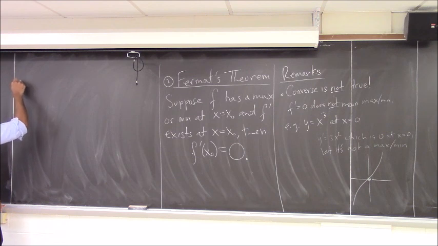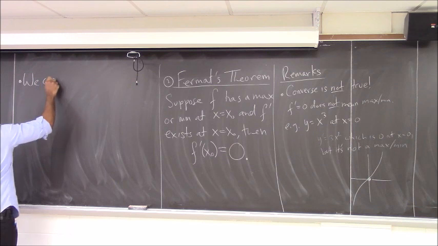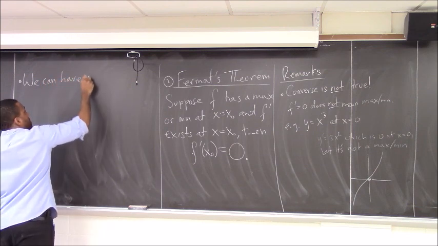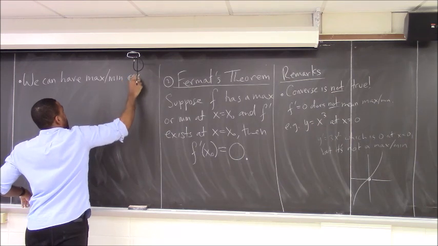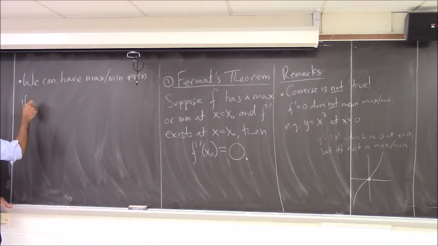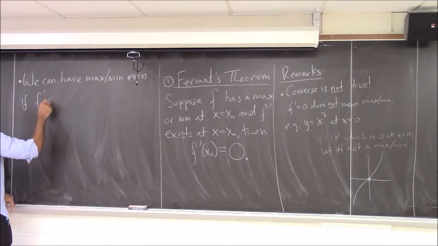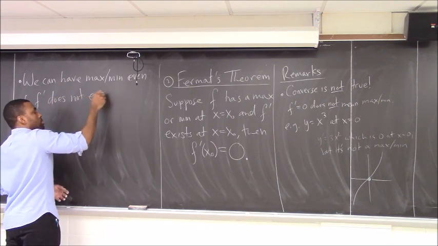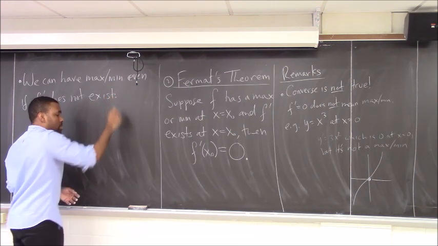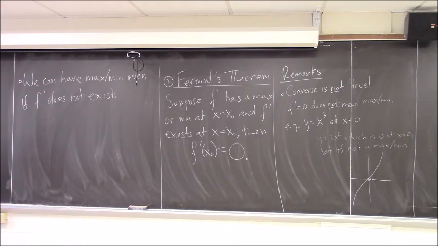So another comment is, we can have maximums or minimums even if f prime does not exist. Remember, the derivative is a limit, so limits might not exist. It's possible for f prime to not exist, but we can still attain a maximum or minimum.